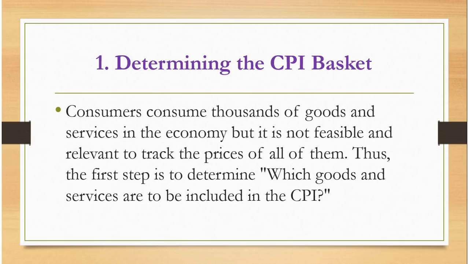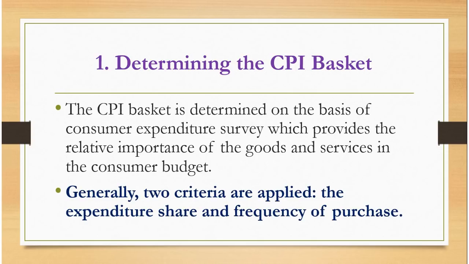In the economy, thousands of goods and services are consumed by the consumers, but it is not feasible to record the prices of all those items. Thus, the first important thing in the calculation of CPI is what goods and services are to be selected as the representative goods and services.